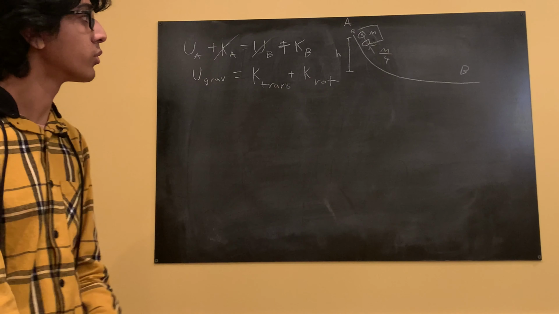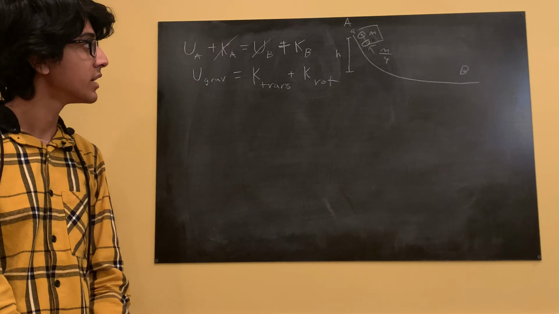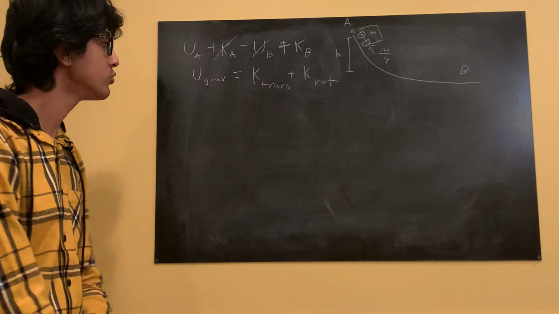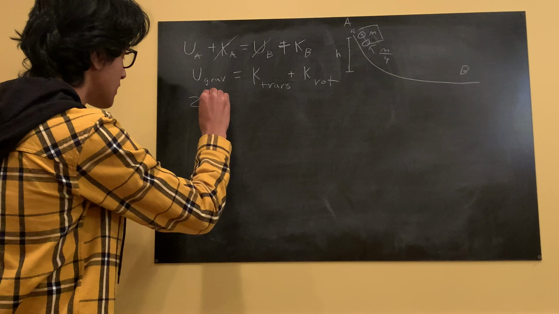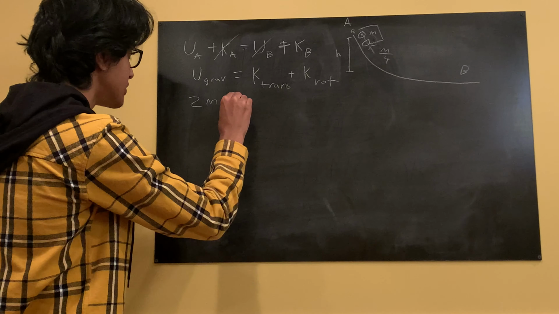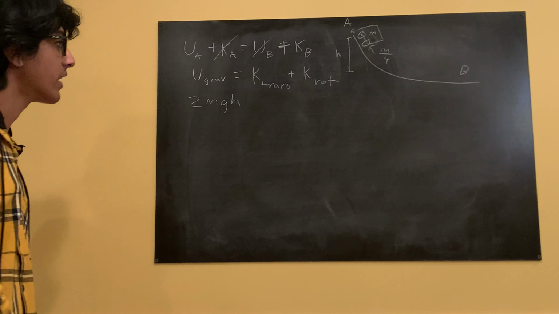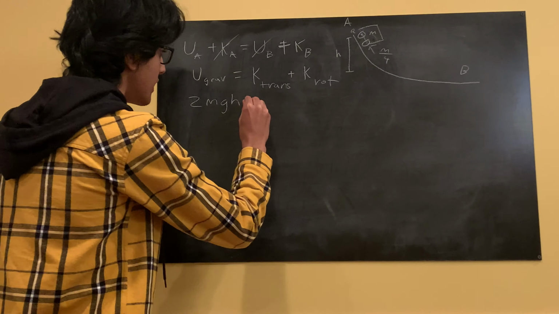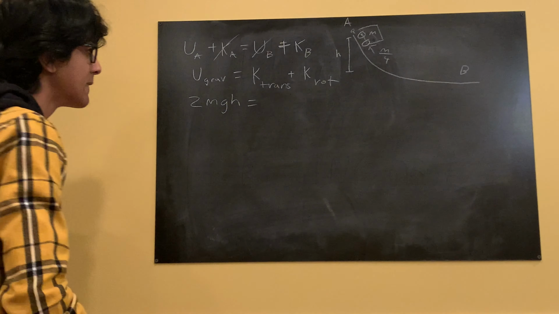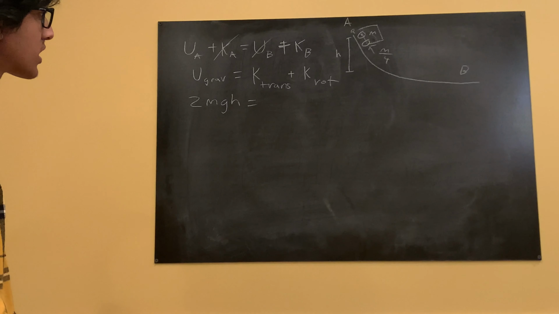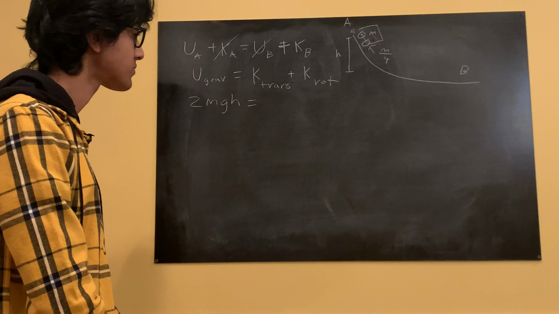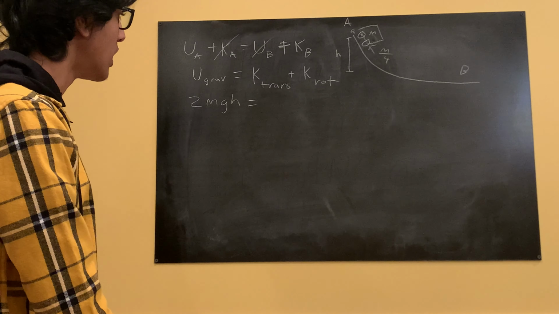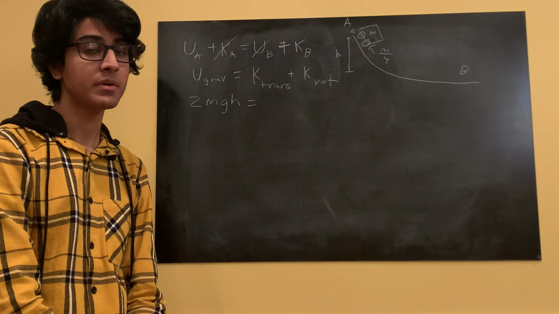So the mass of all the wheels in total is just m, and the mass of the box is m, so 2m times gh. That is our gravitational potential energy, and we set that equal to the translational kinetic energy, which is 1/2 mv squared.